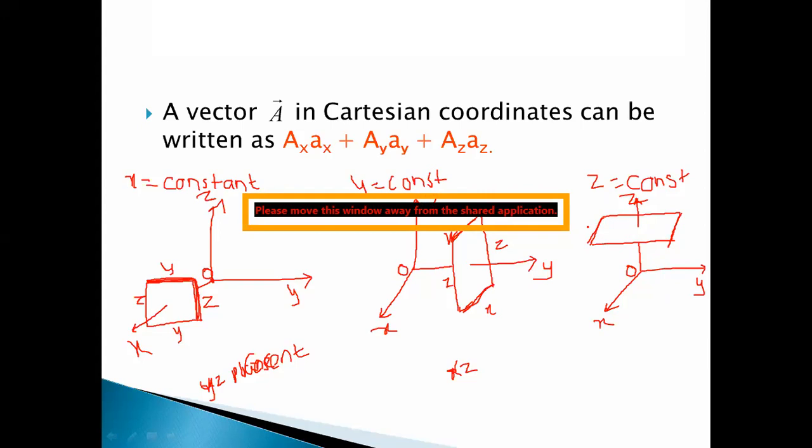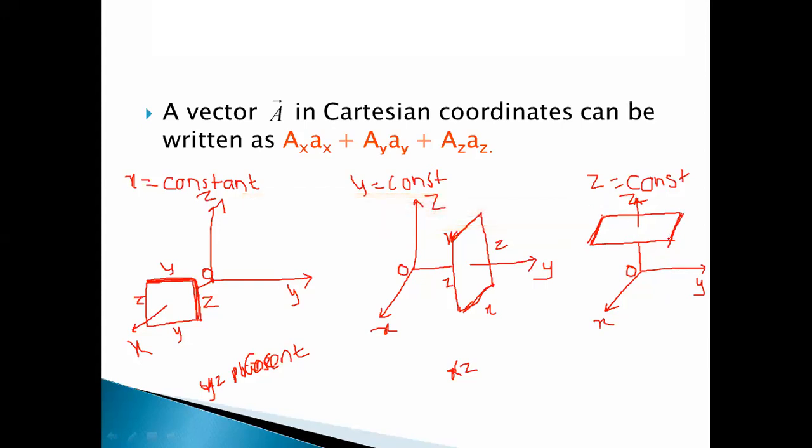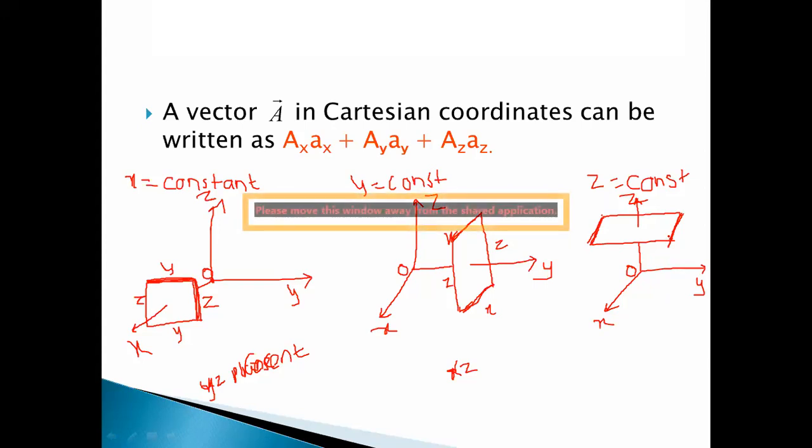X. Then next, Y. These two lines are showing what? These darkened lines are showing which axis? X, Y, and Z.